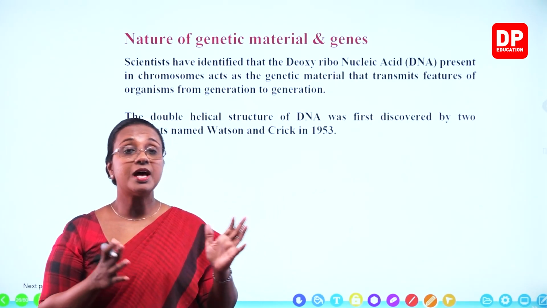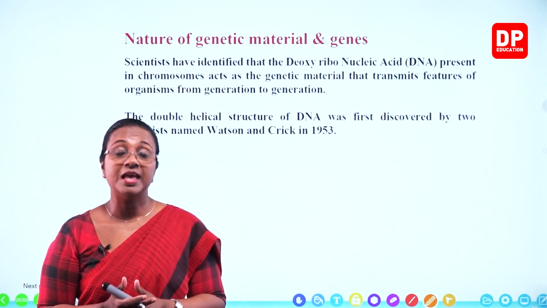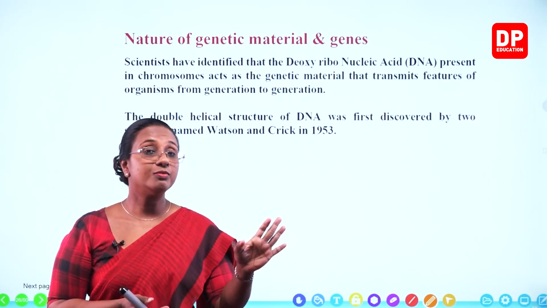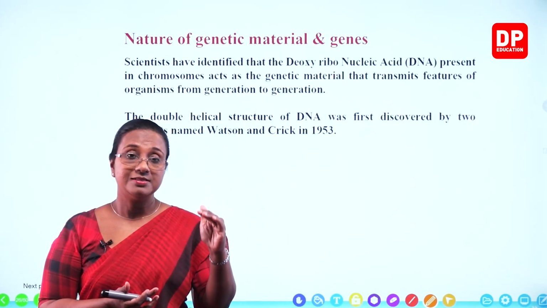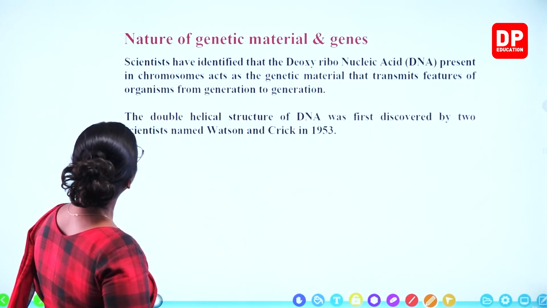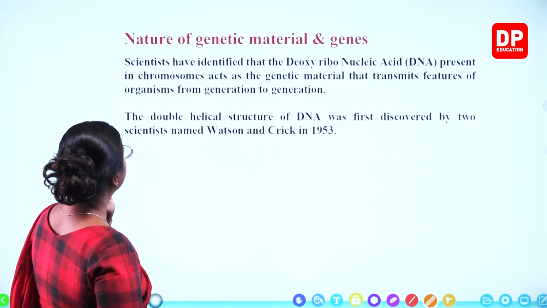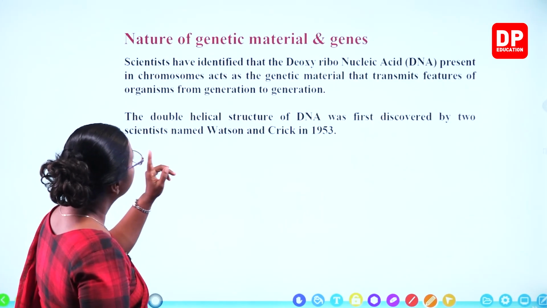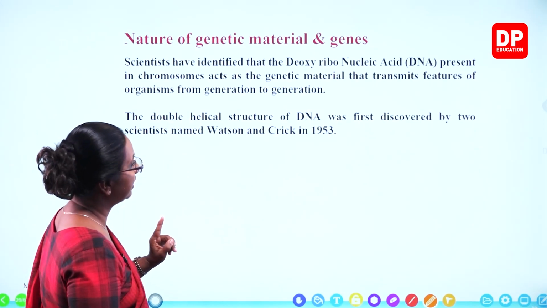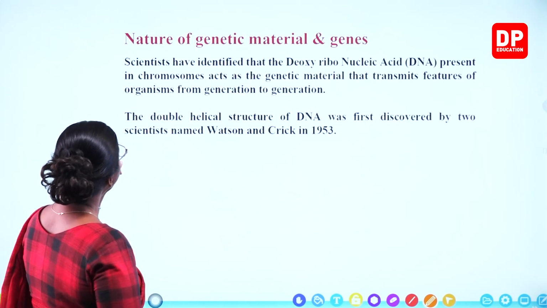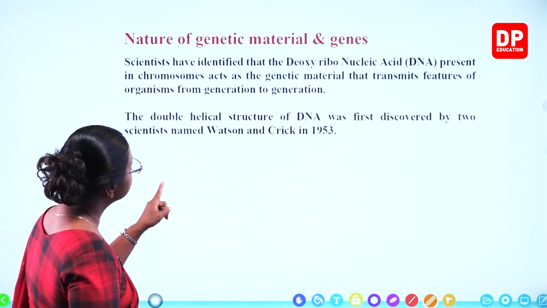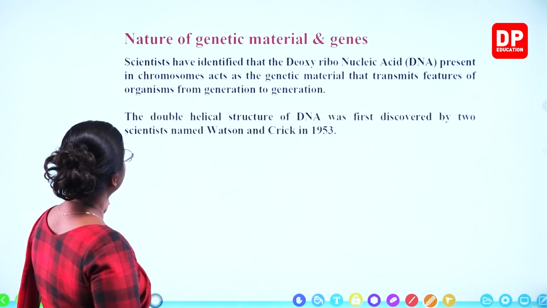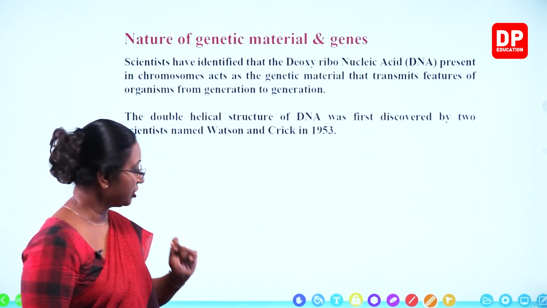So the chromosomes are made up of DNA, and in the chromosomes, there are genes. We will try to understand that step by step. So, nature of genetic material and genes. Scientists have identified that the deoxyribonucleic acid, that is DNA, present in chromosomes acts as the genetic material that transmits features of organisms from generation to generation.